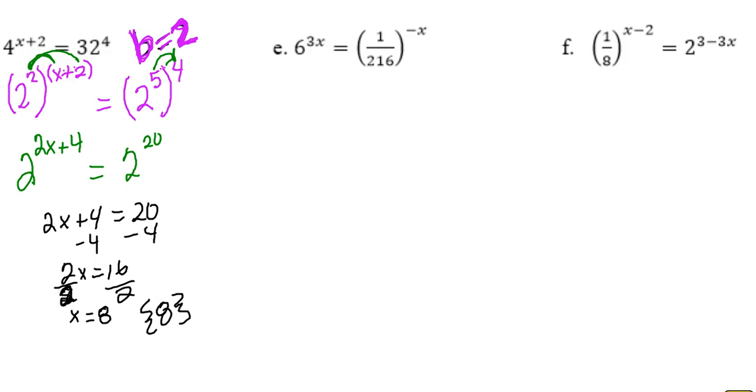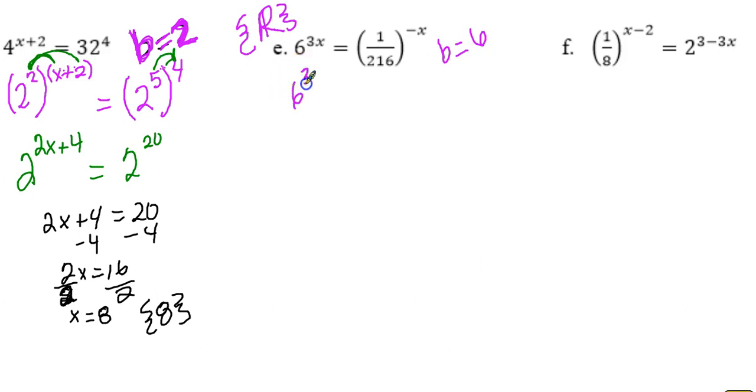Okay, this next one is a special circumstance where our answer will be all reals. Okay, so let's look for our common base. Here I have a base 6, and over here I have 1 over 216. Is 216 in my base 6 column, or row? Yeah, it is. So that's base 6.